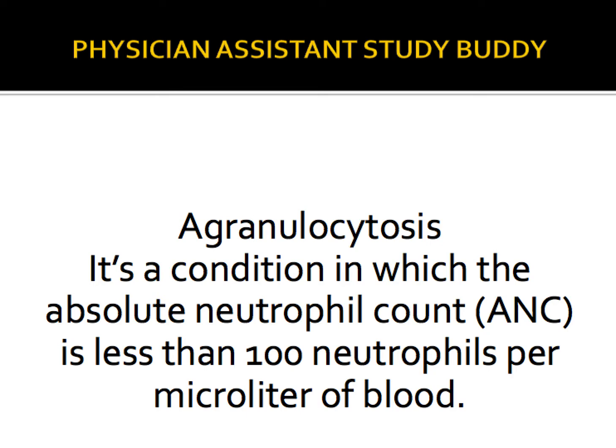Agranulocytosis is a condition where the absolute neutrophil count is less than 100 per microliter of blood. So they may tell you this patient is taking clozapine, and they may tell you the CBC and tell you the blood count. If it talks about agranulocytosis, that's the answer you're looking for.